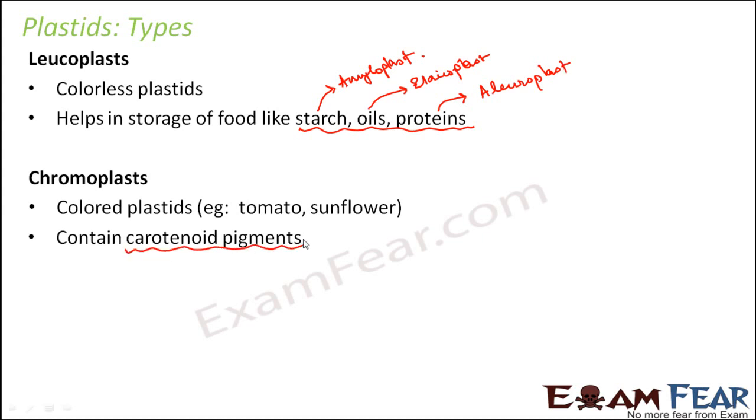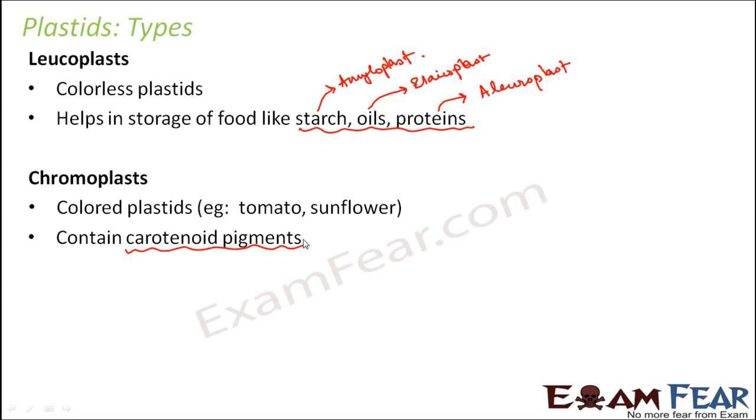These carotenoid pigments are fat soluble pigments. They get dissolved in fat, and they are available in red, yellow, orange colors. That is why this is a very common color of fruits or flowers. There are so many fruits which are yellow to orange in color. There are so many flowers which are in that color. That is because of the presence of these carotenoid pigments.